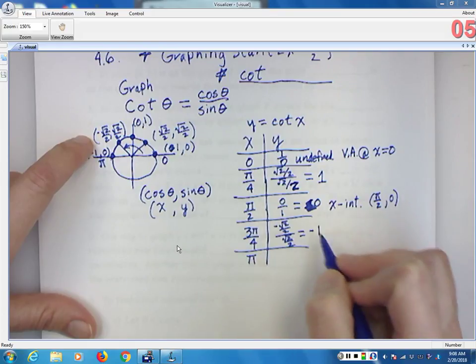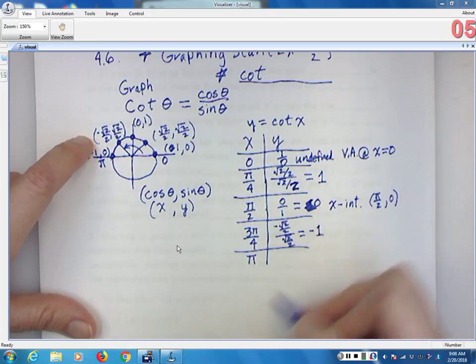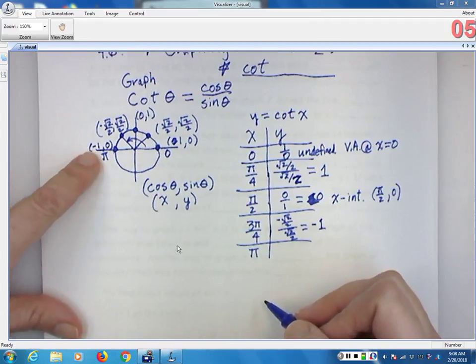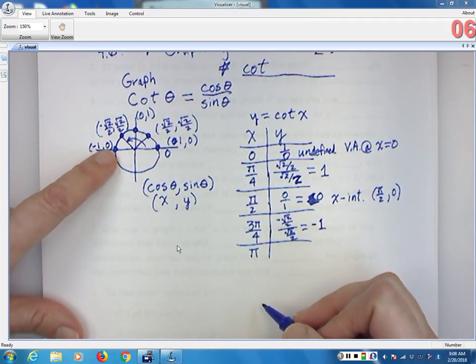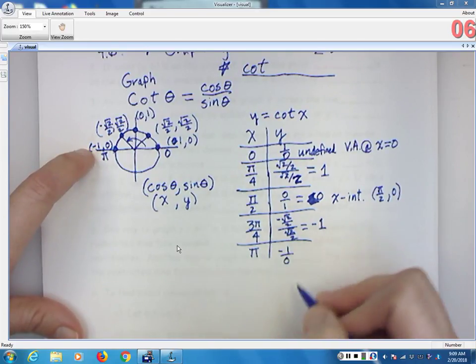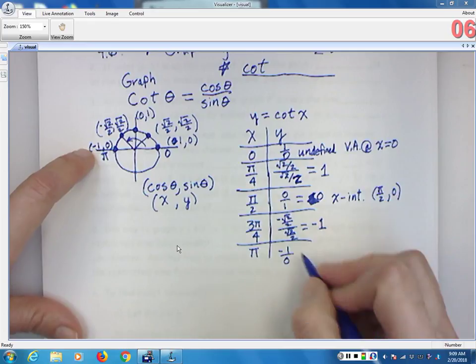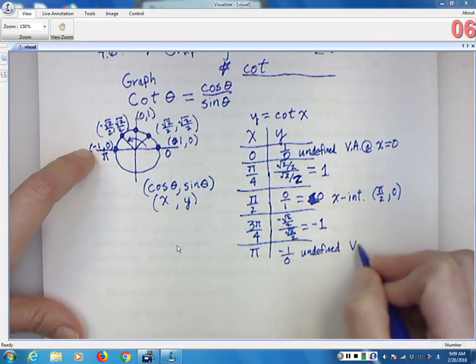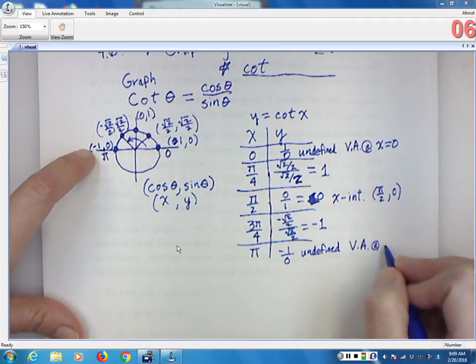Minus 1. And then at pi, you've got cosine, negative 1 over 0, which is undefined. So that's a vertical asymptote at x equals pi.